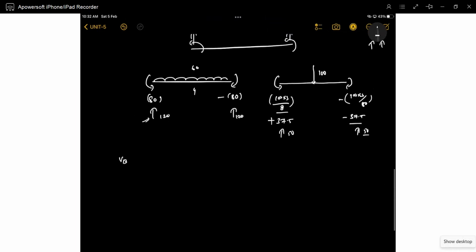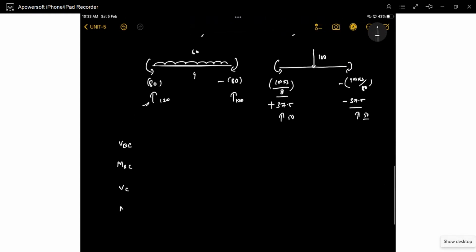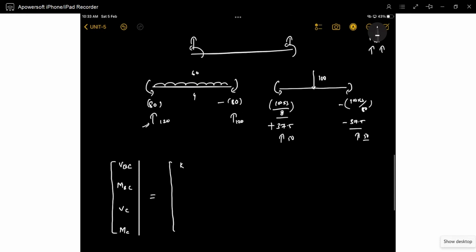VB with respect to the second element. So BC, you can take MBC, reaction VC, moment with C. Same stiffness matrix, but values will change because of the length.